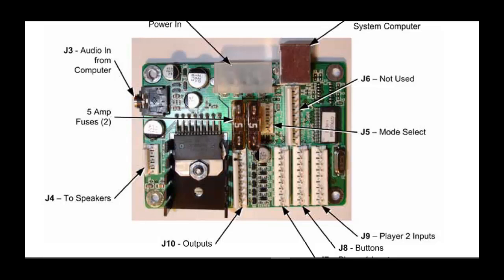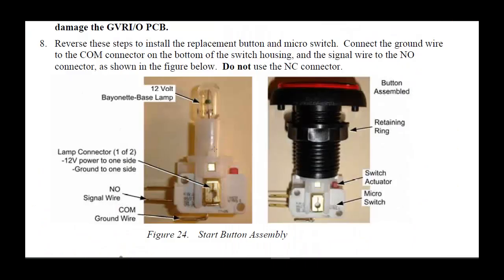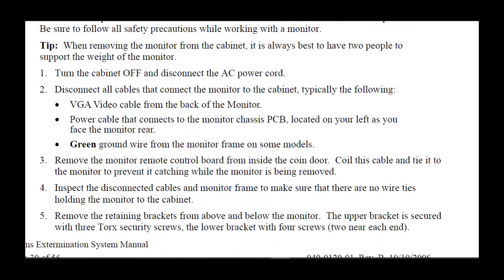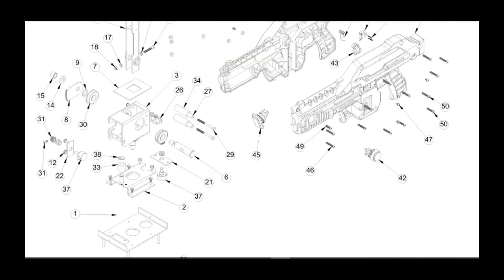J6 is not used. J5 is a small jumper. We explain that we have analog and digital input. This is to know what kind of switch we are using in the game, and here are all the components.